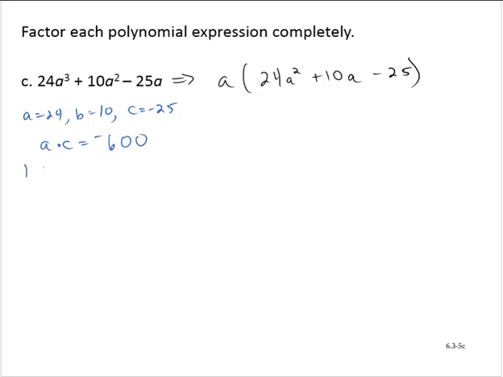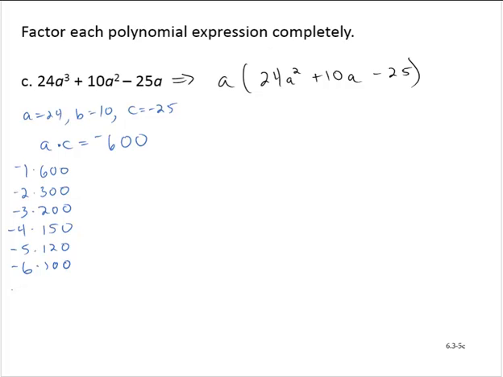Let's see, we have 1 and 600, let's say negative 1 and 600. Negative 2 and 300. Negative 3 and 200. Negative 4 and 150. Negative 5 and 120. Negative 6 and 100.